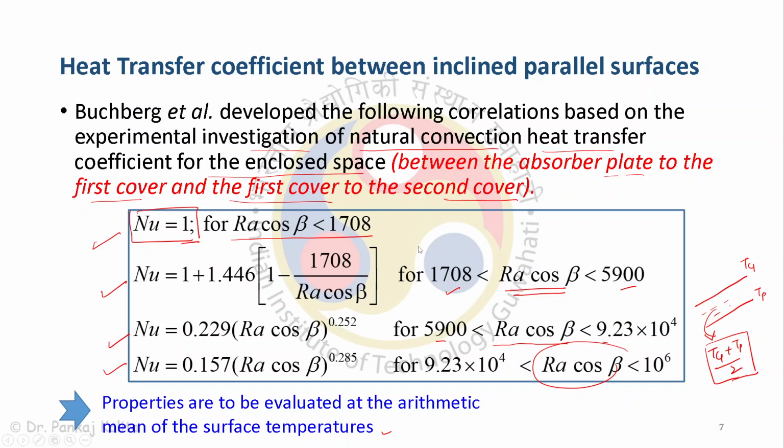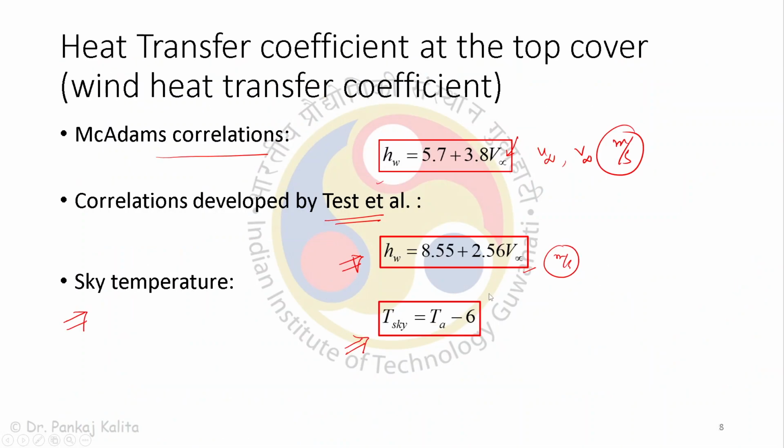There are some correlations for inclined surfaces and the Nusselt number correlation, so please remember these values. There is a heat loss coefficient due to wind, that is the heat transfer coefficient. The McAdams correlation is 5.7 plus 3.8 V, so you can use it to get the value of hW.